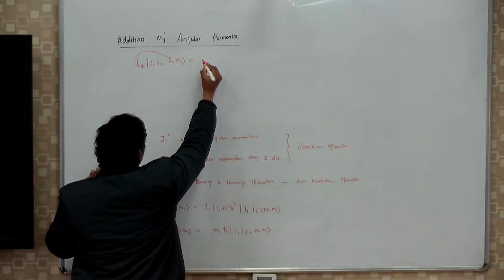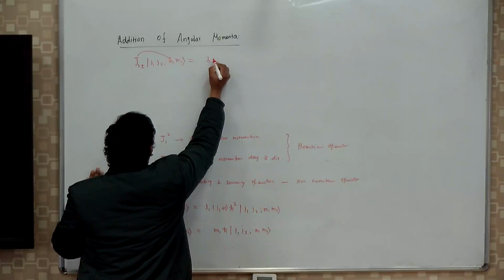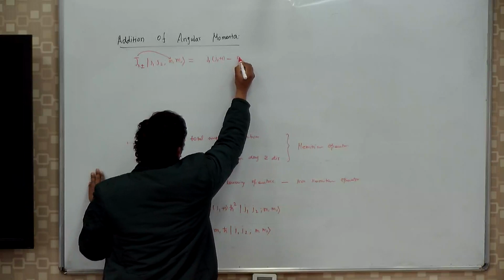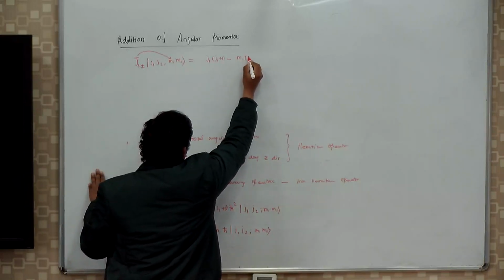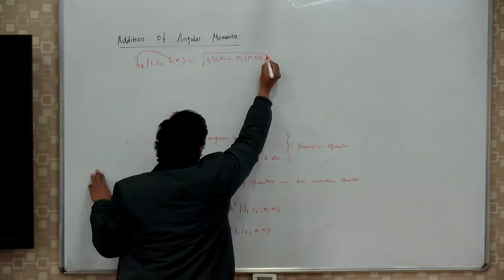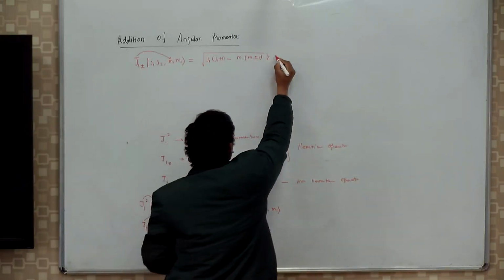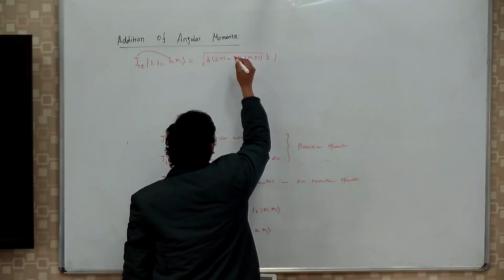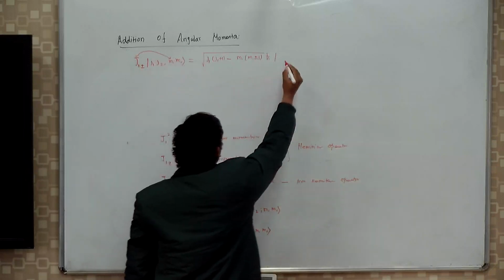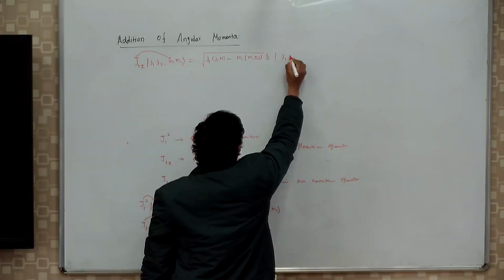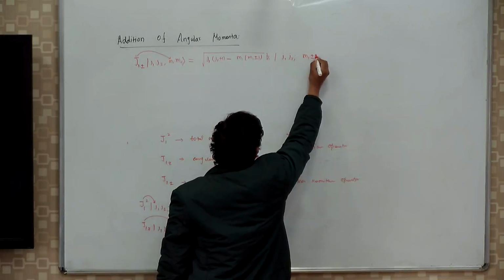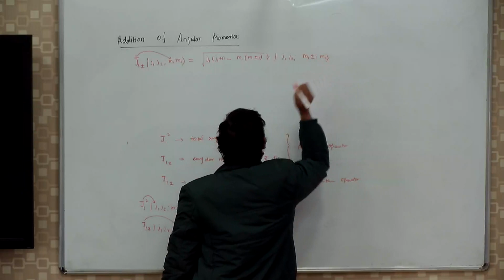In this case, we will get the square root of J1 of J1 plus 1 minus m1 of m1 plus or minus 1, times h cross. This is the eigenvalue when this operator acts on this state vector, giving |J1, J2, M1 plus minus 1, M2>.